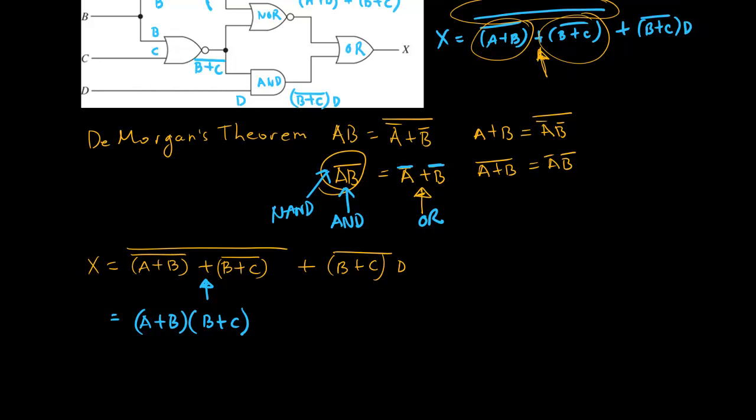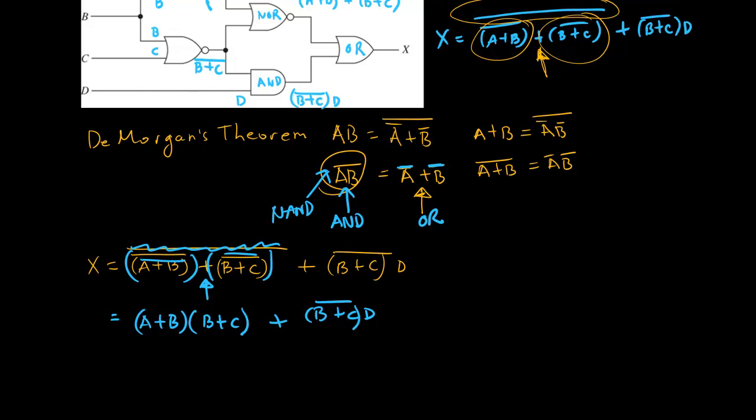Essentially I changed this to an AND, erased the bar on the output, and barred the two inputs, but the two inputs already had a bar and they canceled out. So I was left with this, and then I'm still left with B or C whole thing bar D. Let me put my bracket in there.